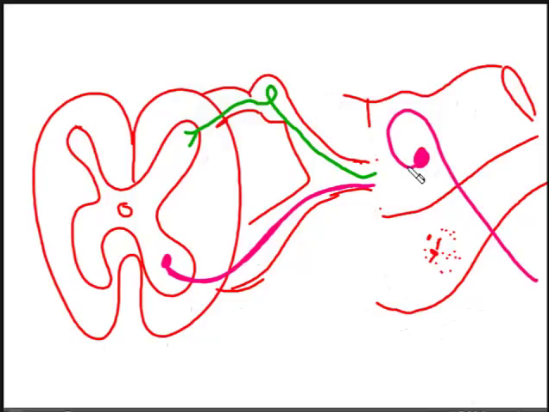So this is the part of the 7th cranial nerve that goes off this way and goes to supply the muscles, and these are muscles of facial expression. But the functions of the seventh cranial nerve, or the facial nerve, are it supplies the muscles of facial expression.